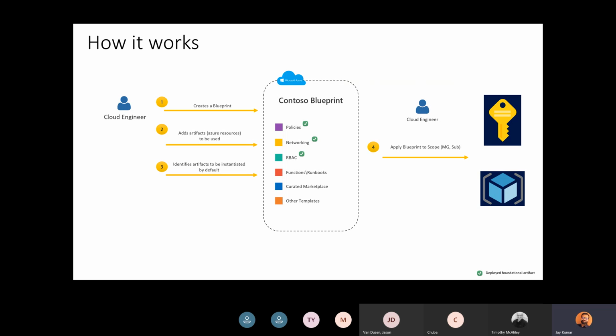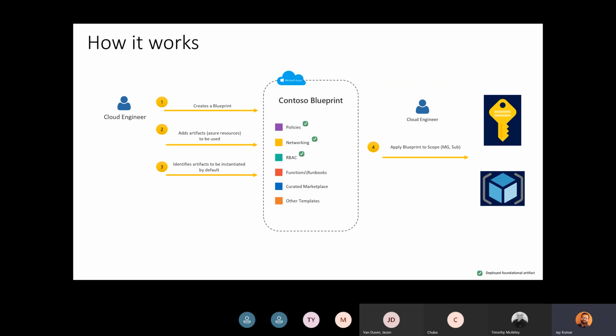And then you can apply that blueprint to a subscription. Sorry, it cannot be applied to a management group. I'm sorry, I take it back. It can be applied to a subscription or a management group, and then everything that you write down will apply to that.